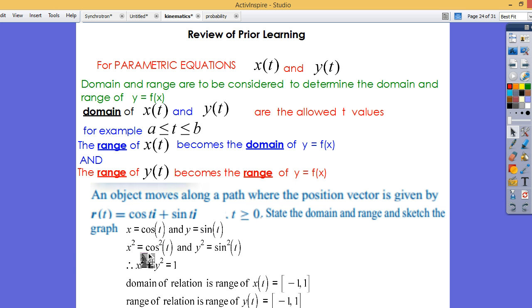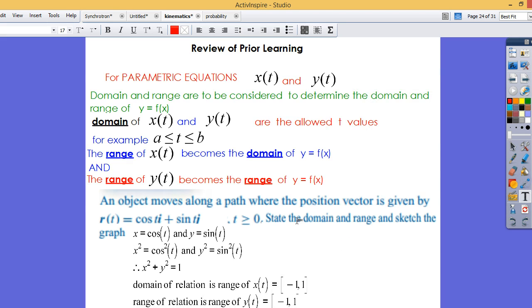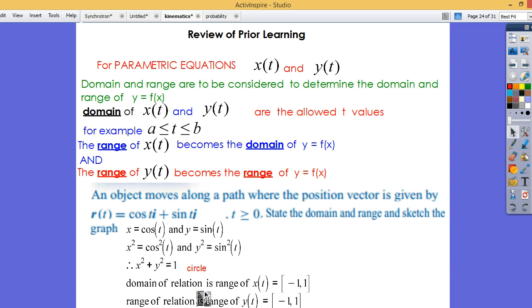Putting that together, I'm going to draw on the fact that I know a little bit about trig identities. So x squared and y squared together, when I add them together I get 1. And I get this nice little relation, and that's in fact the equation of a circle. Now, the domain of this relation is the range of x of t.